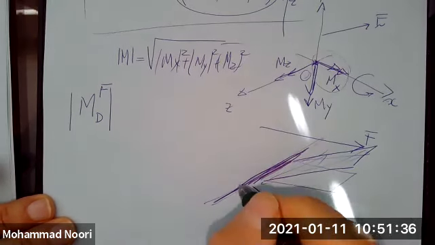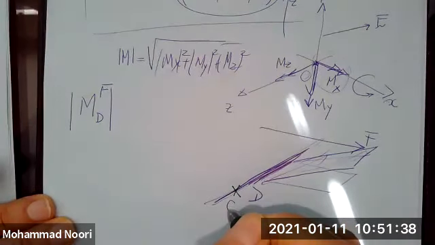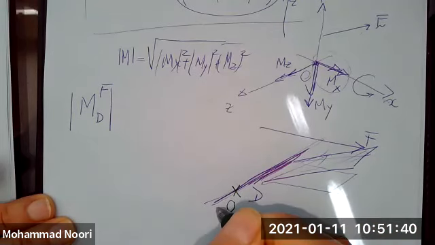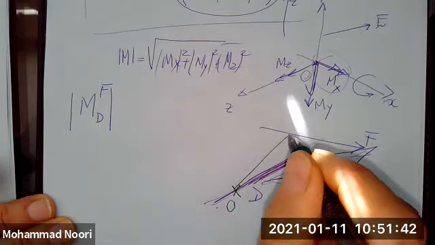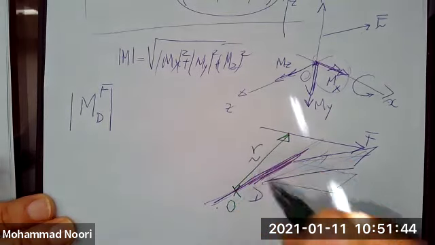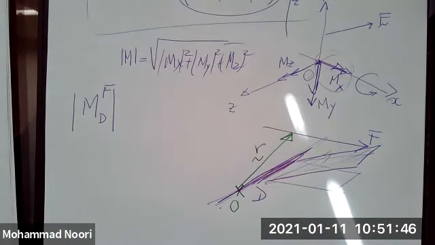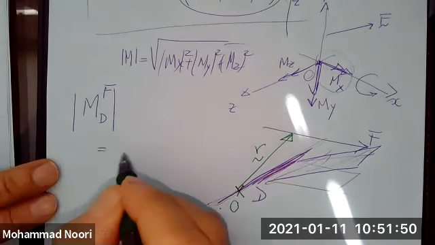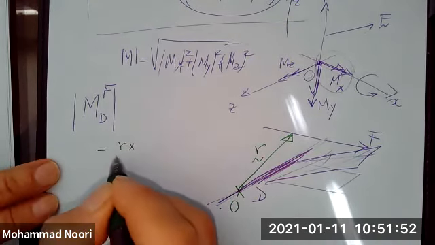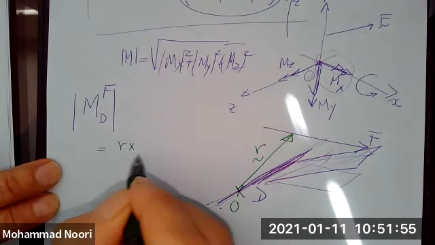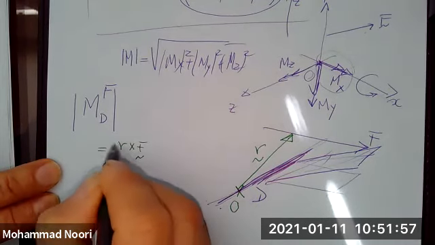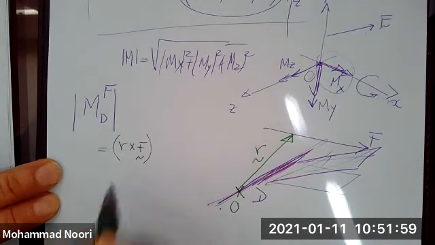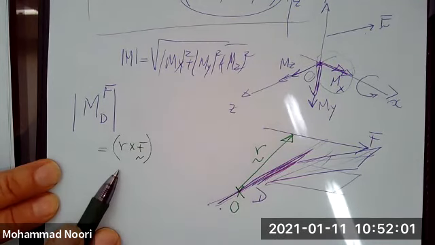You consider any arbitrary point along this axis and connect it to any point along F. Therefore, you find the moment of that force about O. We know by now this will be a vector.